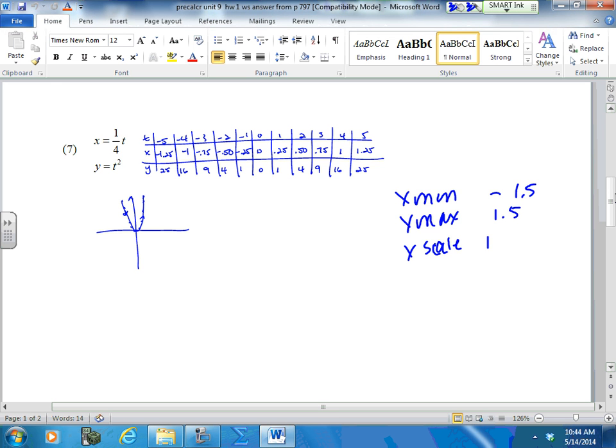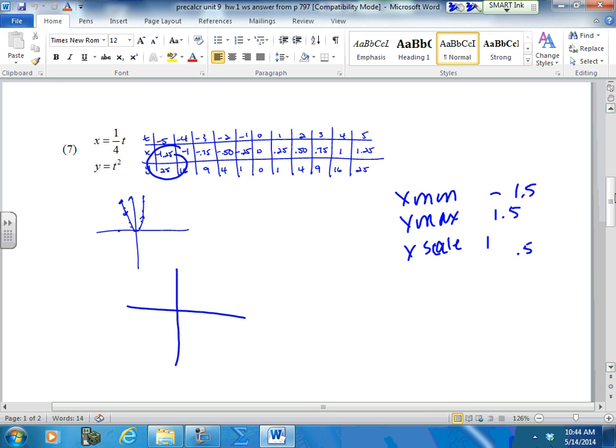So you can even set your scale if you wanted to 0.5, so that you have a little bit more tick marks as a reference. It still graphs it in that space. It's just your tick mark is a little harder to figure out where your points are. Are you getting a little comfortable with your window? Now, your orientation, you should watch. When you graph the parametrics, you're going to see it starts from this point right here.